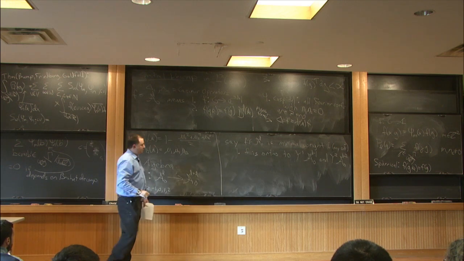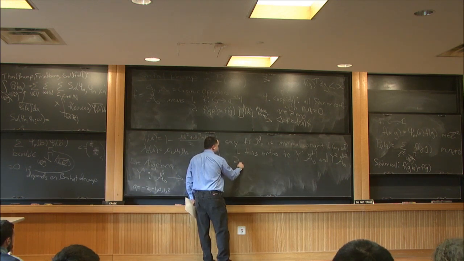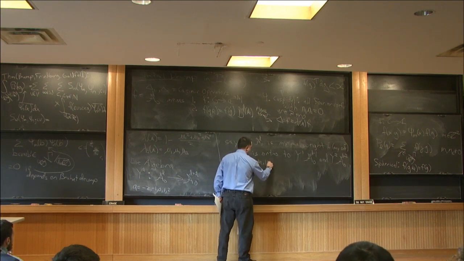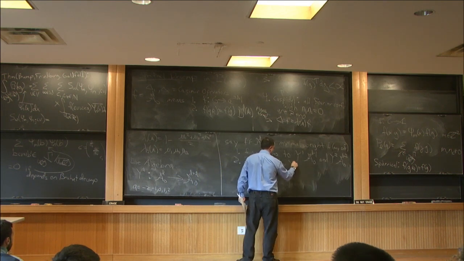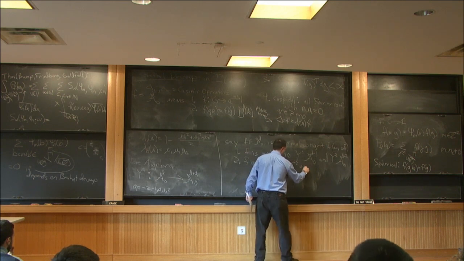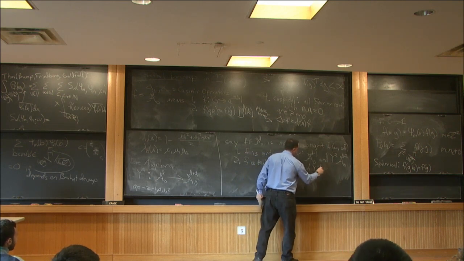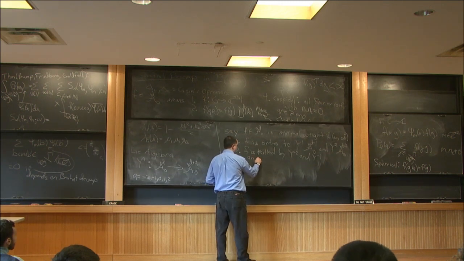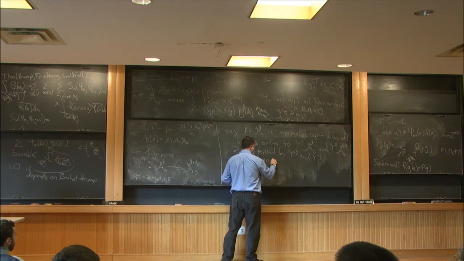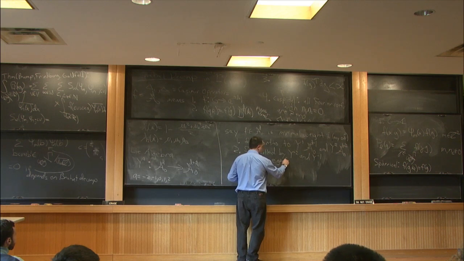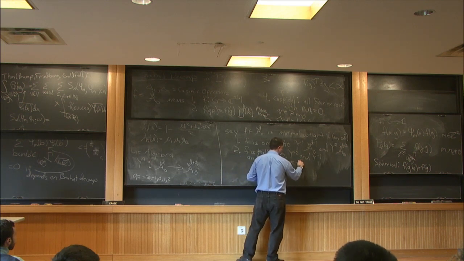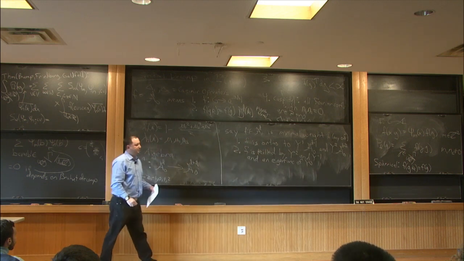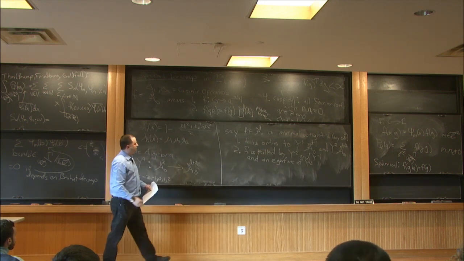Or equivalently, F is killed by Y minus 2 and Y minus 1, and it's an eigenfunction of Y0. So Y0 doesn't change the K-type. It just sort of stirs things around.